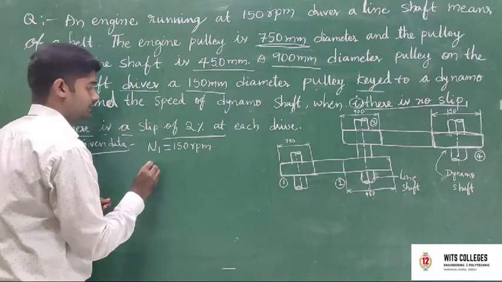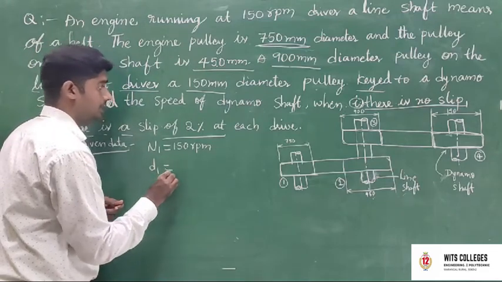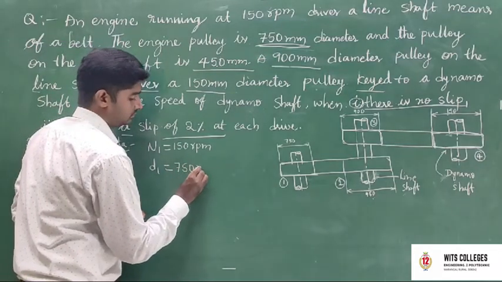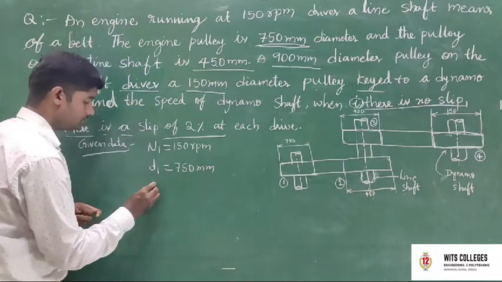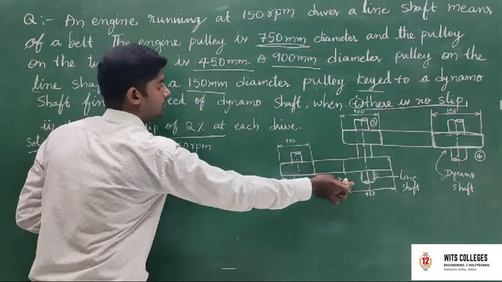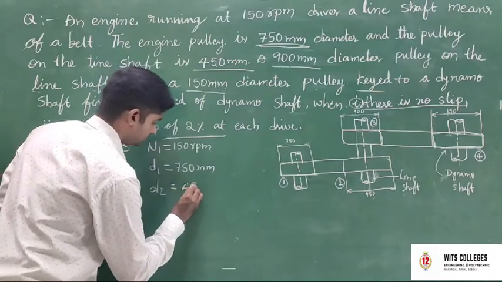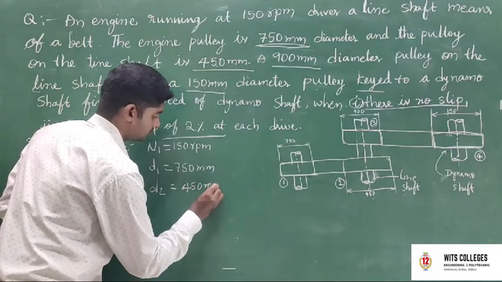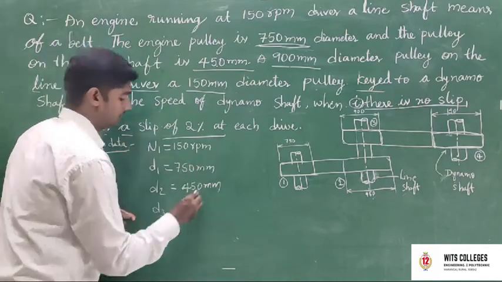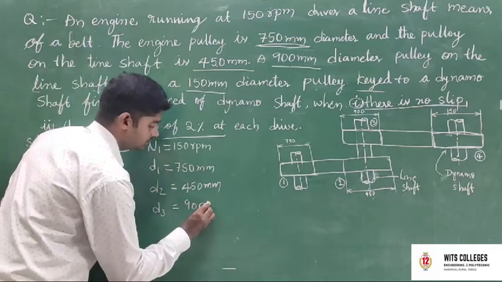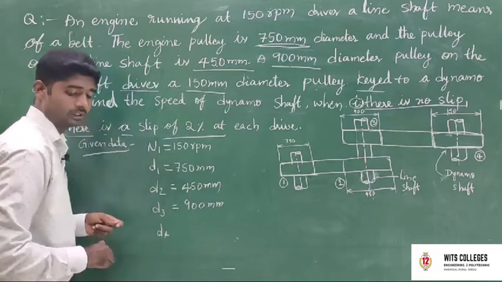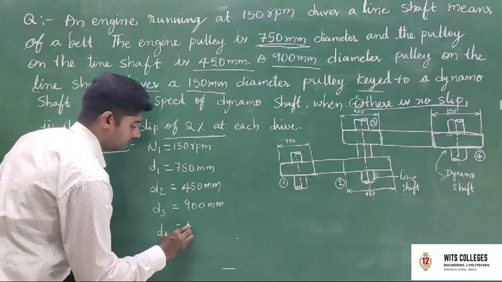Next, D1 is equal to 750 mm, D2 is equal to 450 mm, D3 is equal to 900, and D4 is equal to 150.